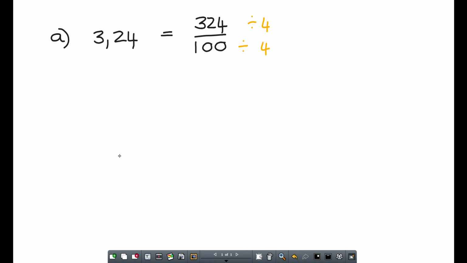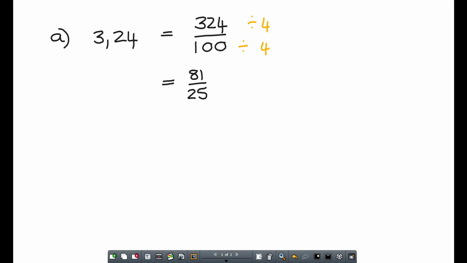You'll see I'm writing that in yellow, so you don't have to write the divide by 4. All I need to see is the simplified answer, which is going to be 81 over 25.